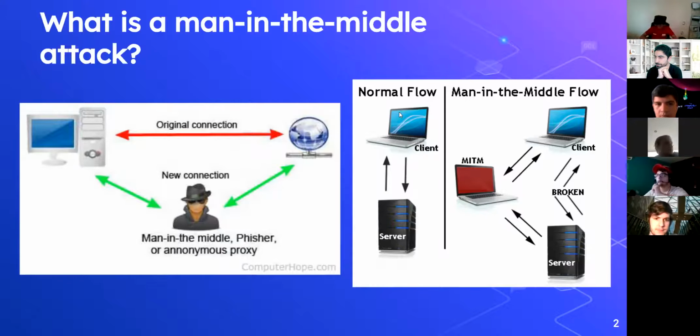In this image, we see that the normal flow is a client makes a request and the server responds, and again, a request and response and so on. In a man-in-the-middle attack, the direct connection between the client and the service is broken or practically non-existent, or it never happened in the beginning.